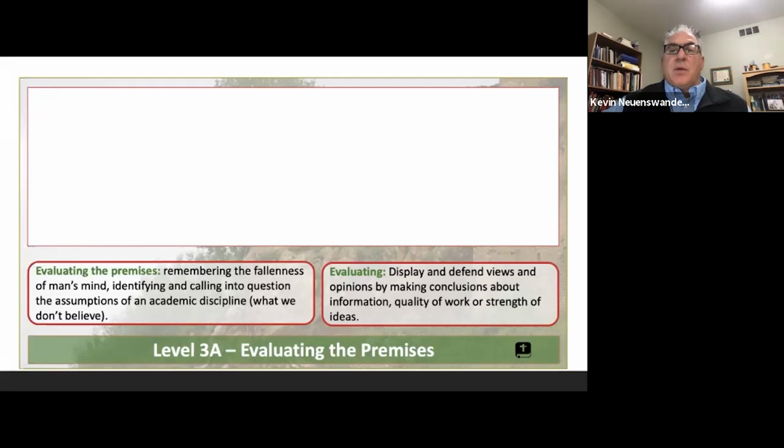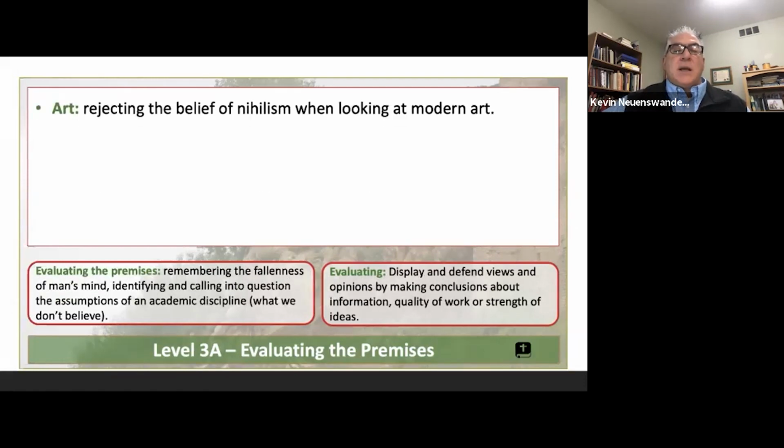So let's look at some examples. So art, rejecting the belief of nihilism when looking at modern art. You know, I love art. I'm an artist myself. And there are some modern art pieces that I look at, and they look like an elephant at the zoo was flinging paint and did it.